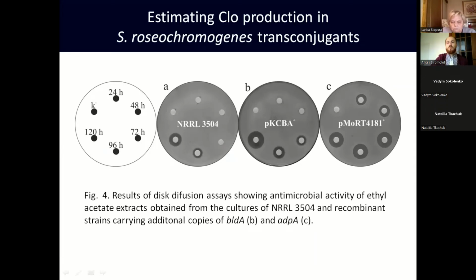To test chlorobiocin activity, we performed a disk diffusion assay against a gram-positive test strain, Micrococcus luteus. The results show that overexpression of both VLDA and ADPA had a positive impact on chlorobiocin production compared to the wild-type strain, as you can see on the slide.